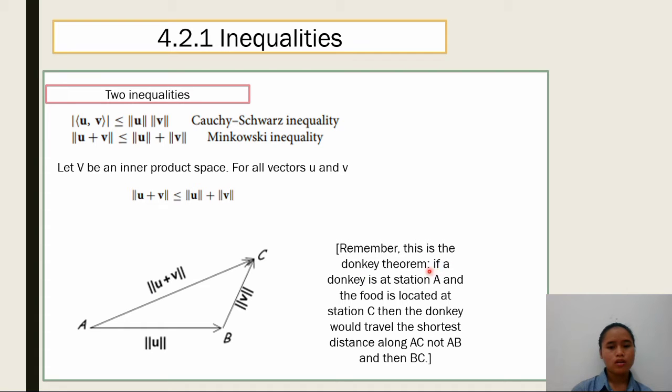Remember the donkey theorem: if a donkey is at station A and the foal is located at station C, then the donkey will travel the shortest distance along AC, not AB and then BC.